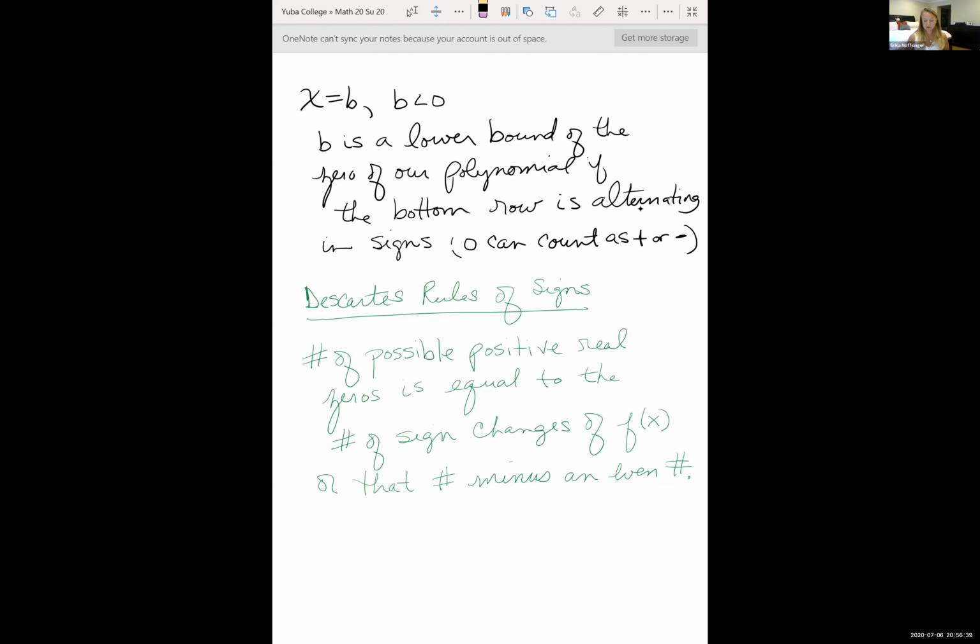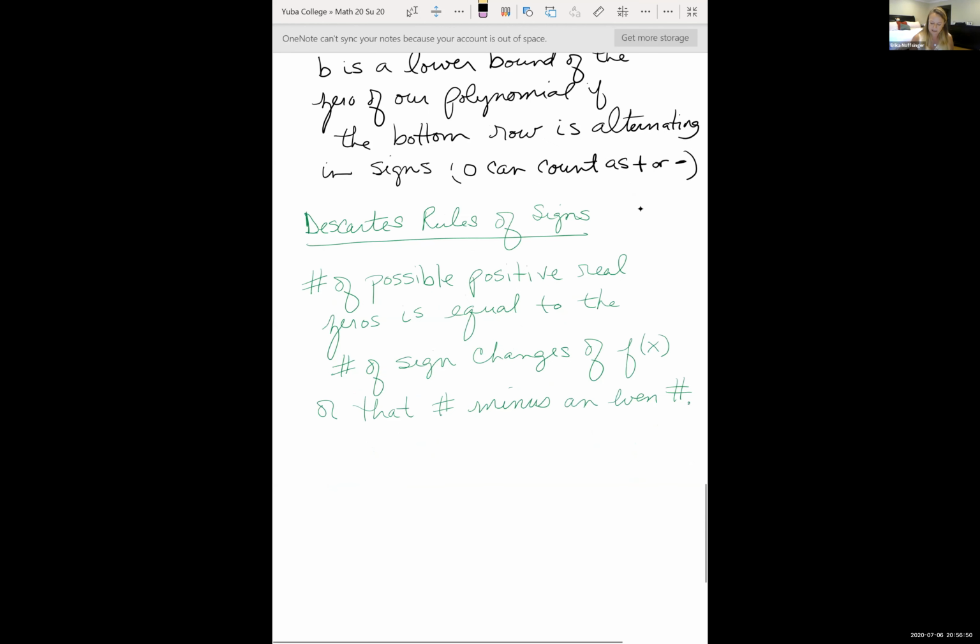Descartes' rule of signs doesn't tell us what our zero is, but it tells us how many possible real zeros there are, positive real zeros in this case.